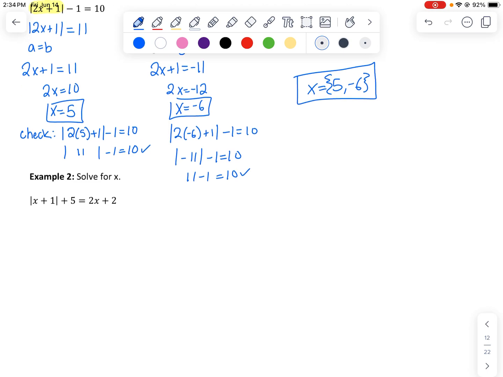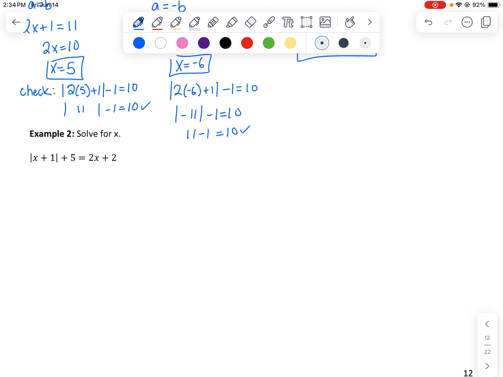Let's try one more. In this case, again, we want to isolate our absolute value. So I have x plus 1 in absolute value equals 2x minus 3. And so I'll have two cases. I would have x plus 1 equals 2x minus 3. And I would have x plus 1 equals -2x plus 3.